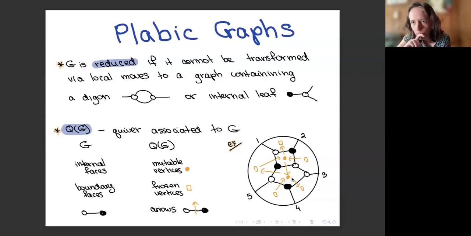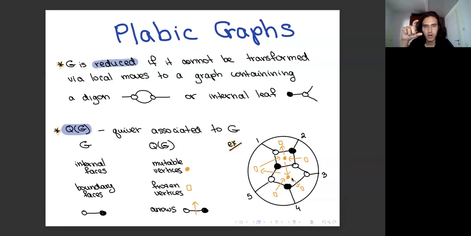Question. Are we allowing digons where one edge is an arc of a circle? That would also not happen.